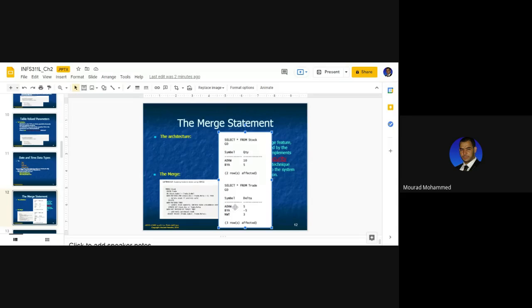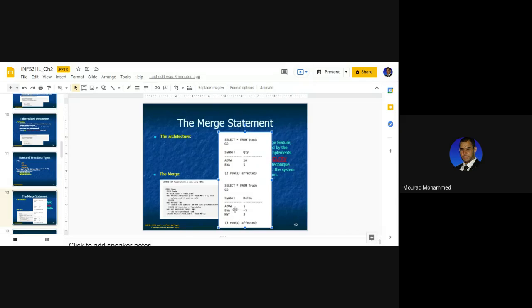The system has bought 5 units from ADVW. The system has sold 5 units from this BYA, and the system has bought 3 units from this NWT. What does it mean? The system has to increment the stock by 5 units.